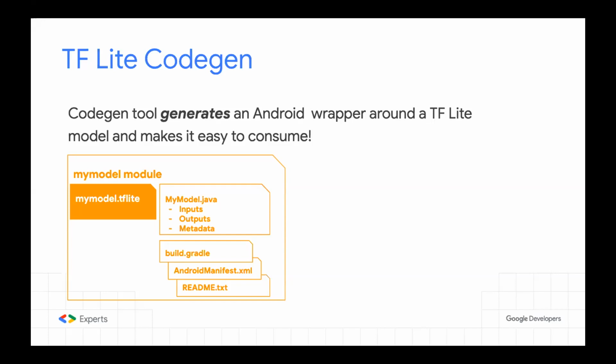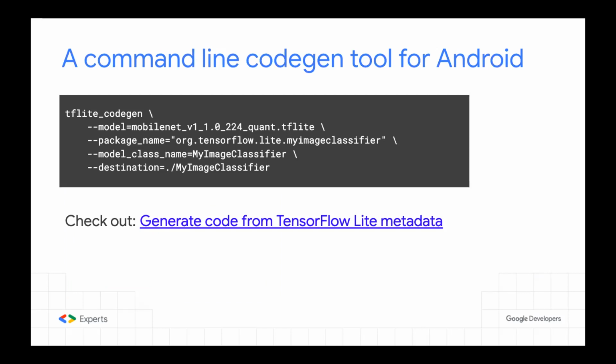But with the TensorFlow Lite CodeGen tool, you can supply a TensorFlow Lite model to the CodeGen tool, and the CodeGen tool will automatically yield an Android library which is directly consumable using any Android application. So that's cool. So here's how to use the TensorFlow Lite CodeGen tool.